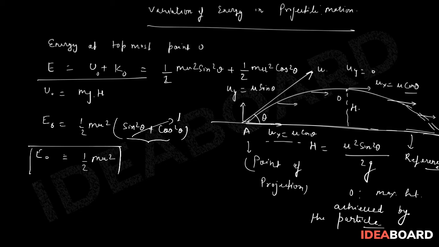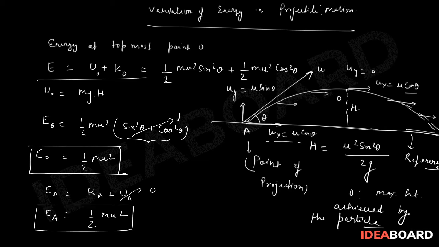Interesting point is that if you calculate the energy at the point of projection, which is EA, that would be simply KA plus UA, and as we have taken that reference, UA will be 0 at that point of time, and this will be simply half m u square because projection velocity is u. So EA is half m u square. That means, what does it mean?